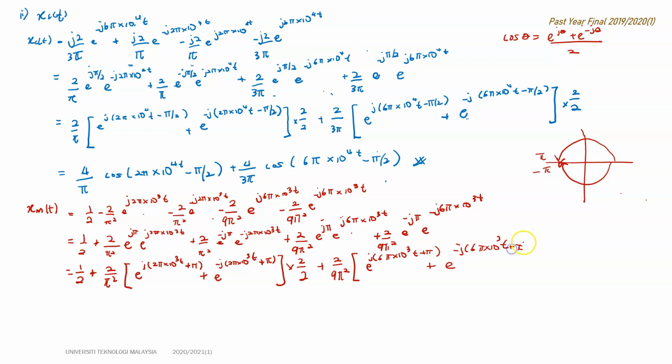Sorry, plus also pi, because negative multiplied by positive will be exponent negative j pi here. And this one also multiplied by 2 over 2.